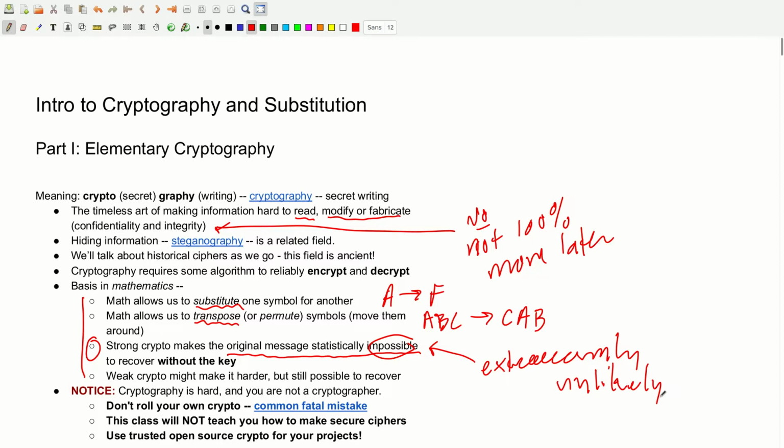If the encryption is weak, a bad encryption algorithm, then it might make it harder to get the original message, but still reasonable to recover it in a reasonable amount of time. A lot of the algorithms we'll talk about in this class, so you understand how cryptography works, are actually weak algorithms. We're doing it because they're simple enough to understand easily.